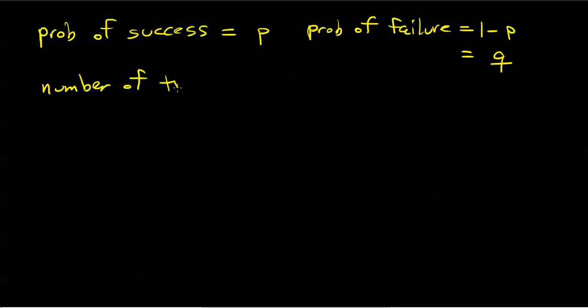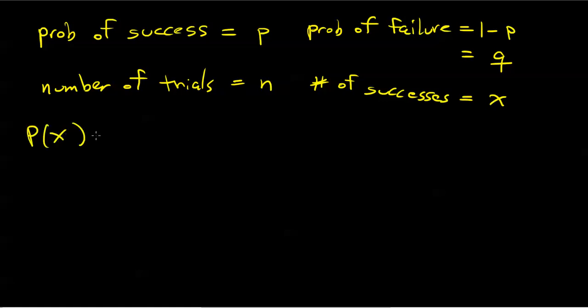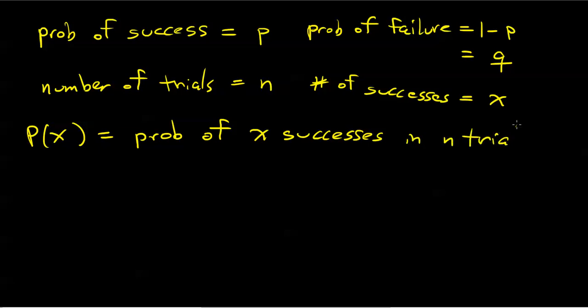Our number of trials in our binomial experiment we will symbolize with a lowercase n, and the number of successes that you're looking for we will denote with x. So P of x, or probability of x, is really the goal here in these binomial distribution problems. It's the probability of x successes in n trials.